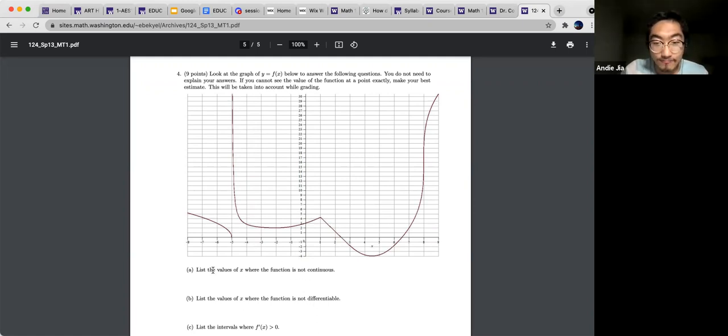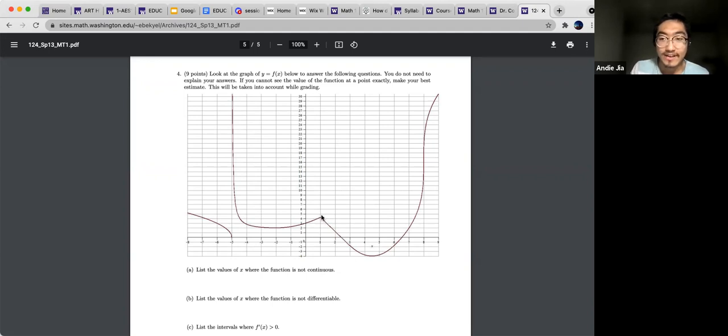Let's find the value of x where the function is not continuous. For this one, it's x minus 5 here, which is like a vertical asymptote. So this is -5. Why is it not x equal to 1?